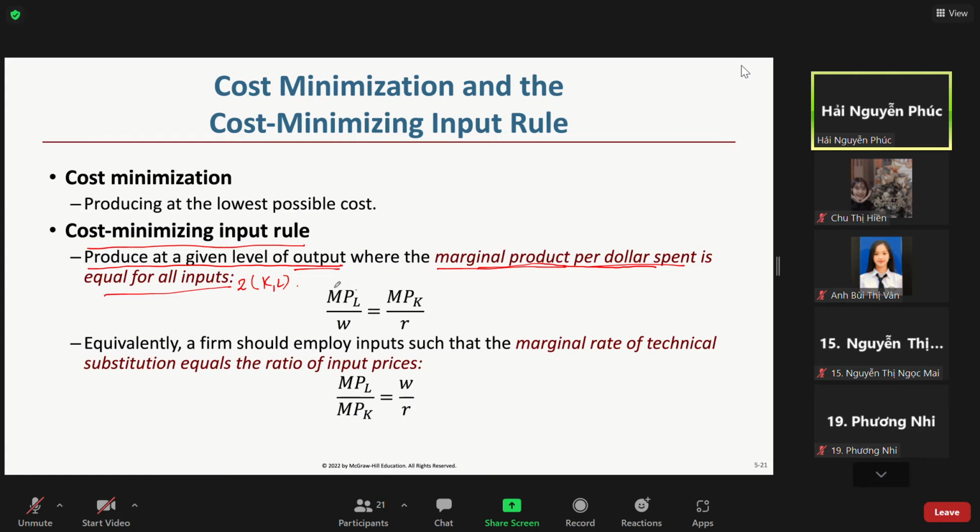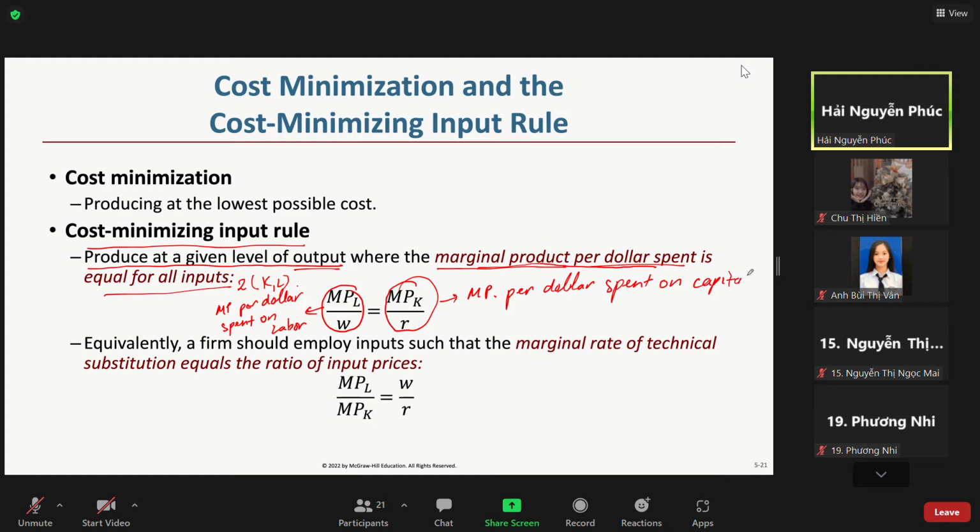Let me write down the marginal product per dollar spent on labor, and this one is the marginal product per dollar spent on capital.